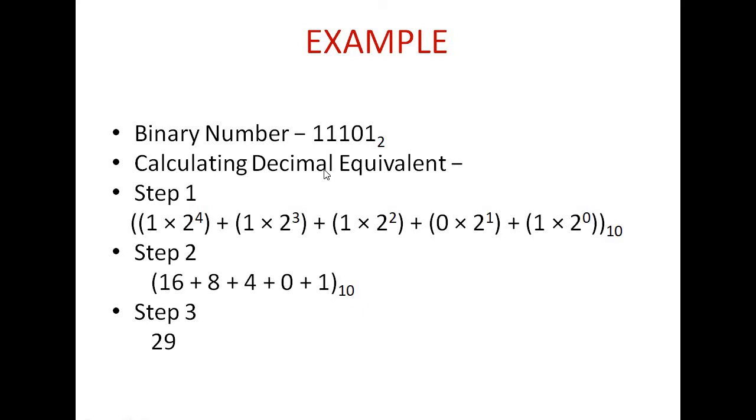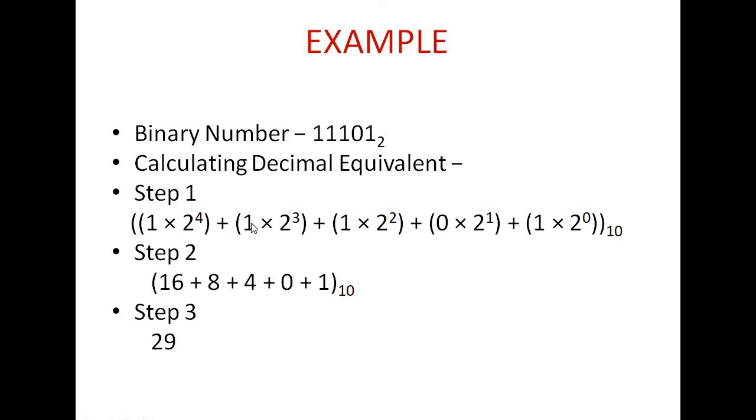Let us consider this number, 11101. How can I convert it into a decimal number? First it is 1. After this 1, there are 4 numbers, so I can write 1 multiplied by 2 to the power 4, plus 1.